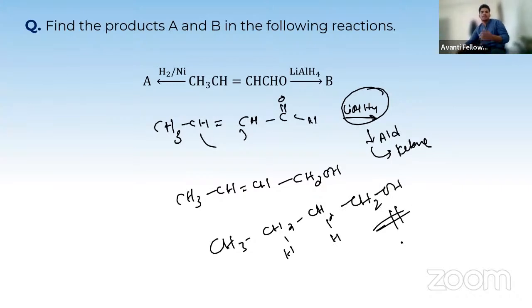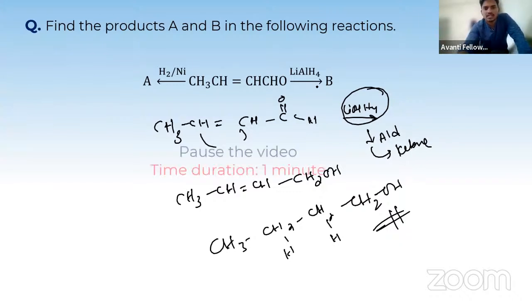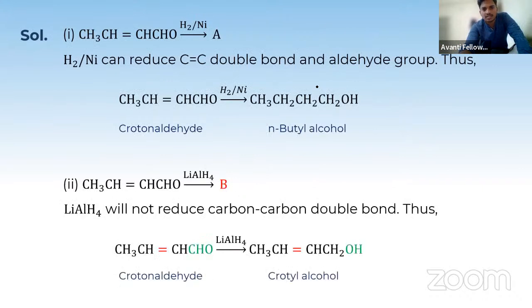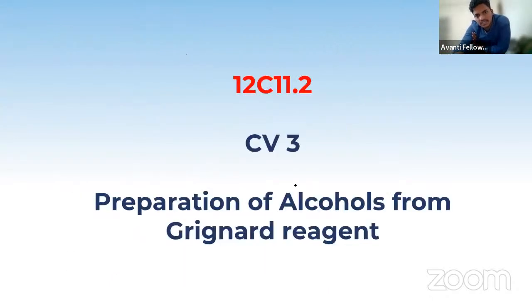So in your JEE Mains or NEET or KCET, in your board exams also, whenever they are asking, just remember these all are the strongest reducing agents. Okay, so here you can see the answer. Crotonaldehyde, very, very most important, guys. Remember this one. This is called crotonaldehyde. Crotonaldehyde or crotyl alcohol formation will take place.